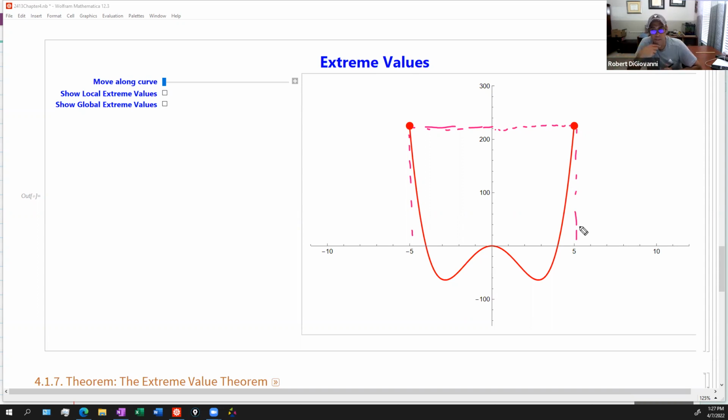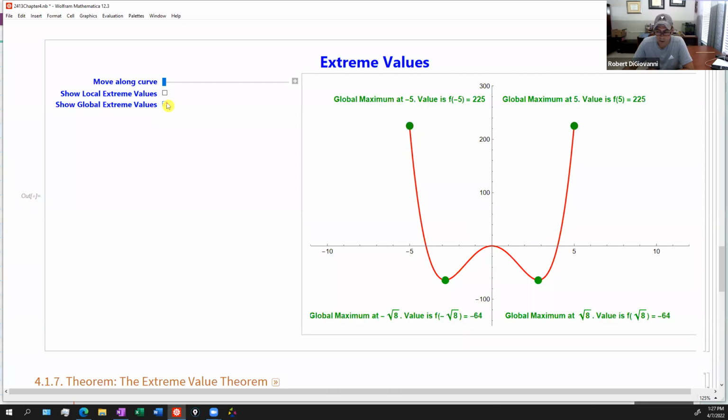How about global minimum? Same thing, right? One global minimum value, but it happens at two different places. So it's happening here and here, at this x and that x right there. But there's only one minimum value. So here's your global.